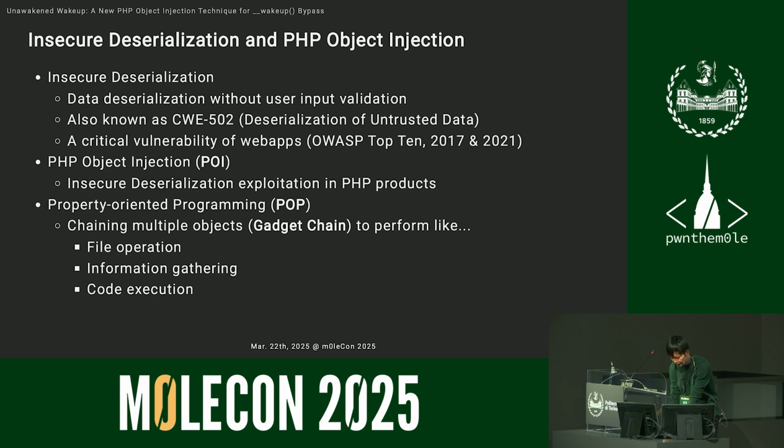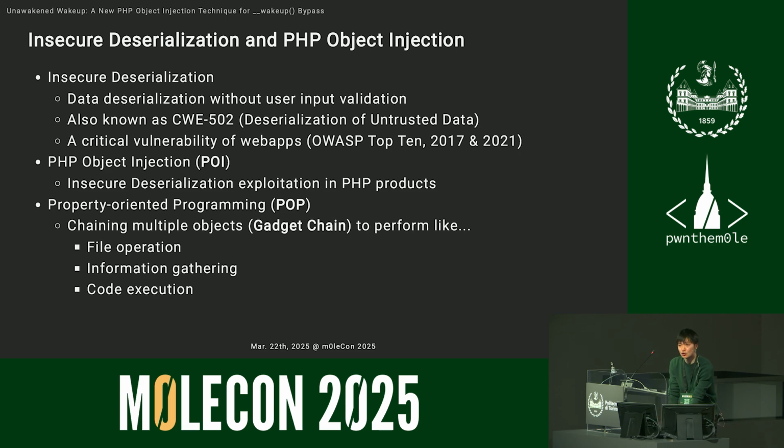Such an issue is known as insecure deserialization or deserialization of untrusted data, which is recognized as a significant vulnerability in the web app development field and has been included in the OWASP Top 10 in both 2017 and 2021.